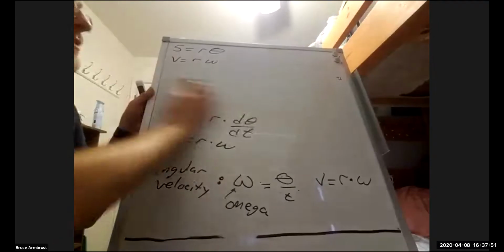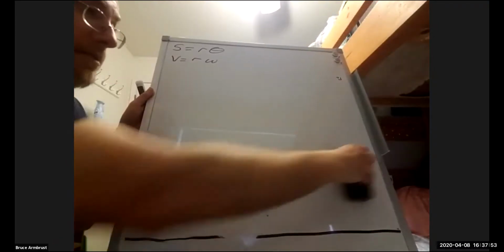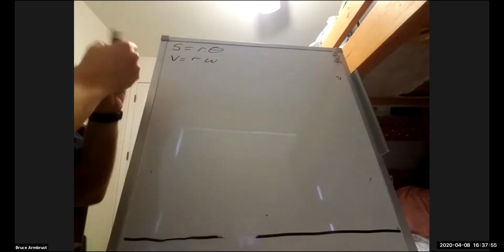But we use the exact same sign convention as we did for angles. So you remember positive angles? Those happen when we go counterclockwise. So positive omega is spinning counterclockwise. Negative omega is clockwise. So I'm going to write that up on the board because that's a really important distinction, and I want to make sure you guys have it. And this is true for angles as well, but I'm going to write it for omega.